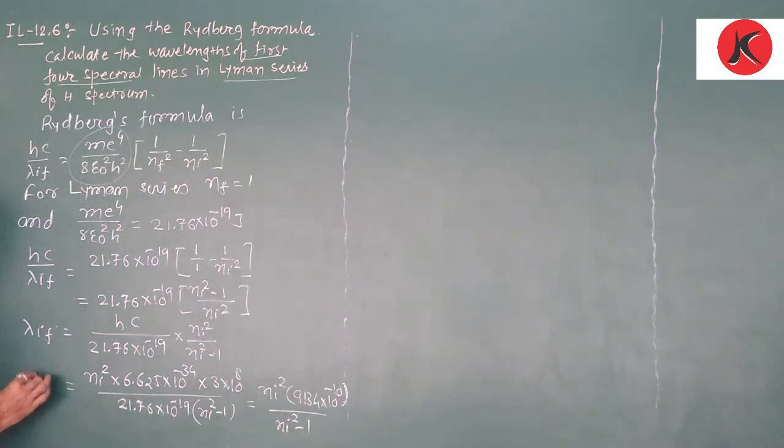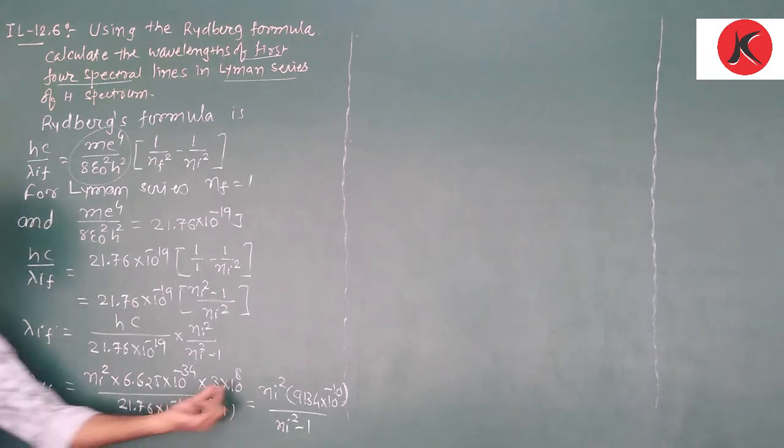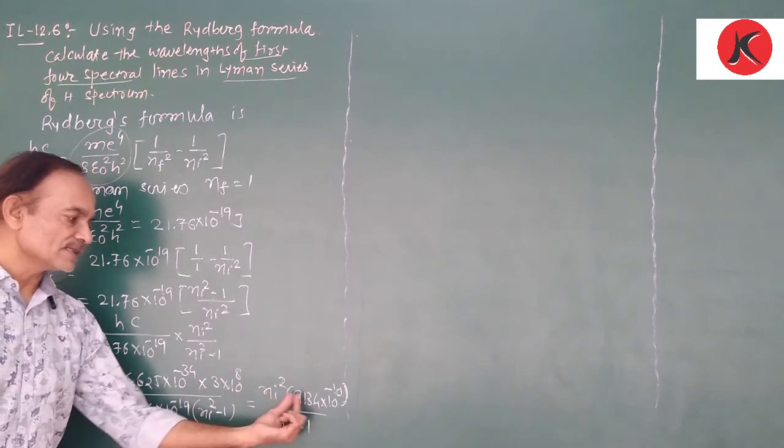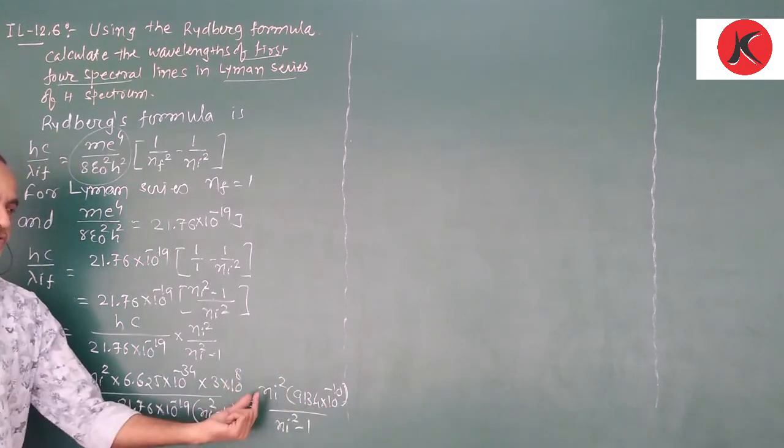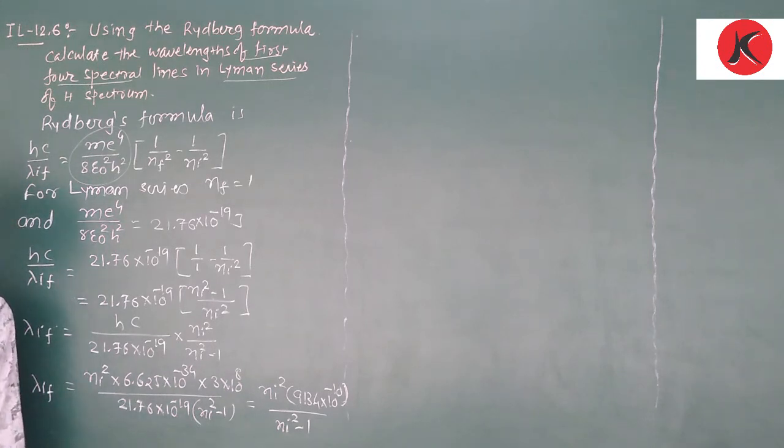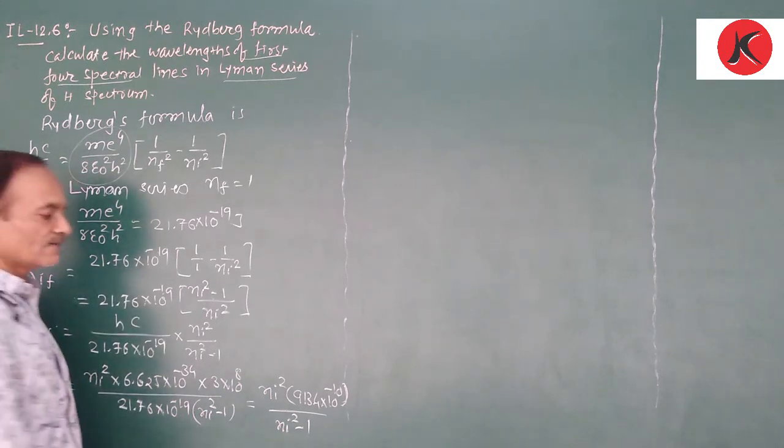That is the equation of wavelength when the electron makes the transition from the ith orbit to the first orbit: lambda i1 is equal to Ni square into 913.4 into 10 raised to minus 10 upon Ni square minus 1. That is our equation 1.